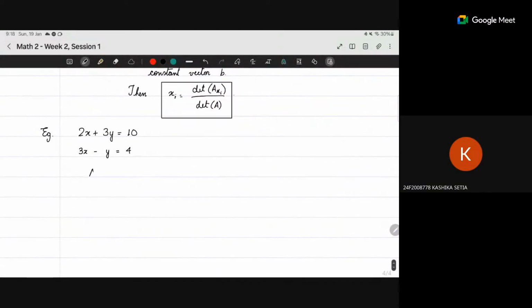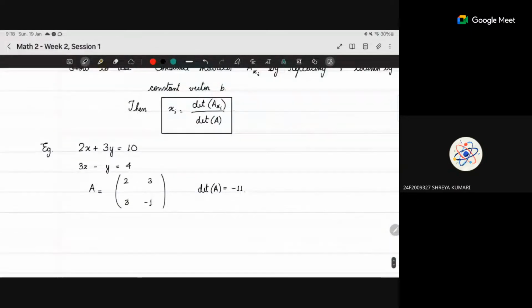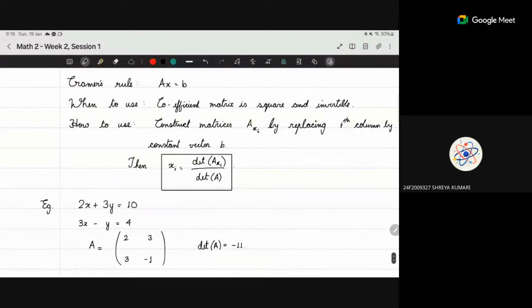So in this case, what is the coefficient matrix? 2, 3, 3 and minus 1. And what is the determinant of the coefficient matrix? Minus 11. So what are the conditions that you need to verify to determine whether or not you can use Cramer's rule? Determinant of A is not equal to 0, which in this case it is.